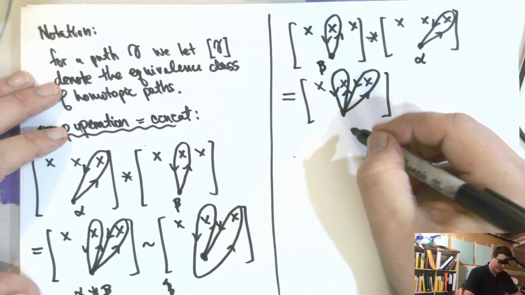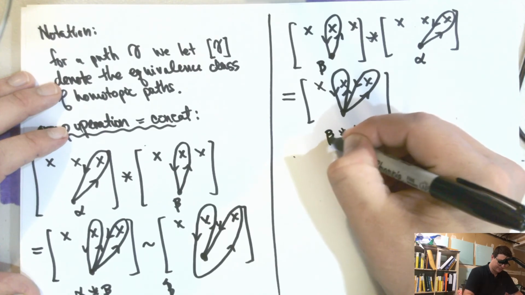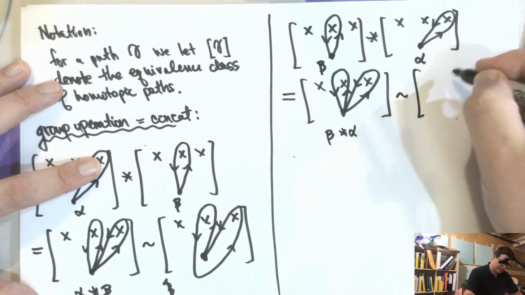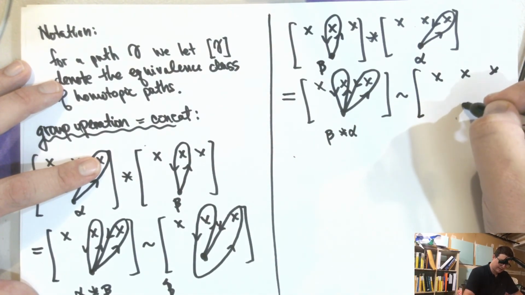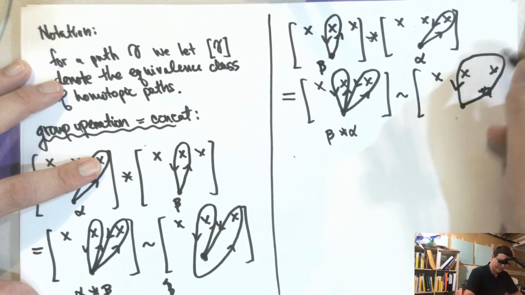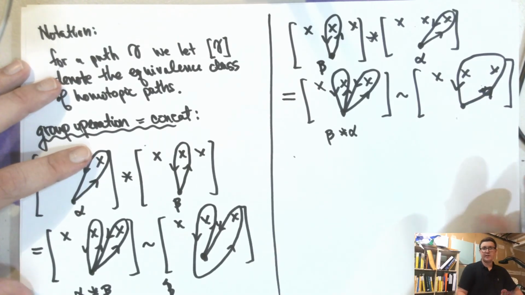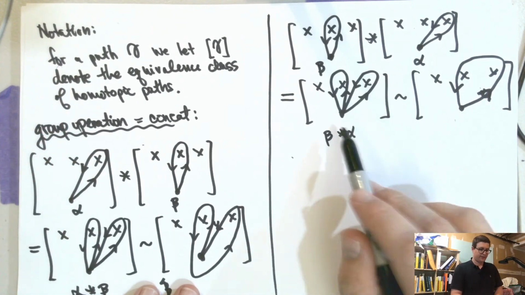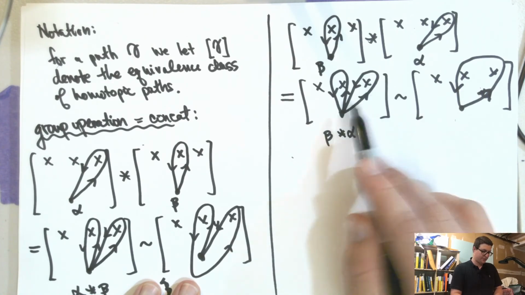This one is alpha star beta, and this one's homotopic to, say, this path, where I just encapsulate both of those. Oh, sorry, we're going this way. So these two paths are equivalent.